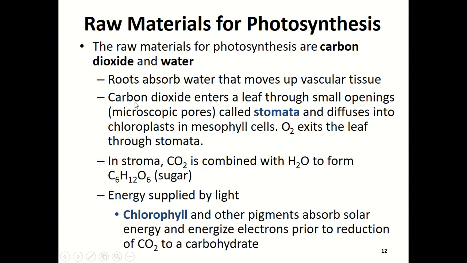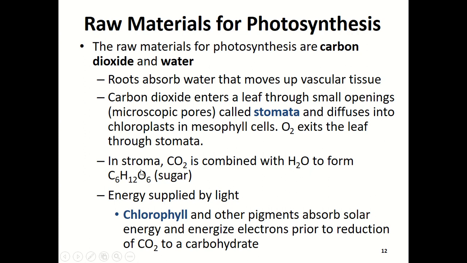Meanwhile, the carbon dioxide enters the leaf through small openings at the surface of the leaf known as the stomata, and then the gas diffuses into the chloroplasts in the mesophyll cells. The oxygen exits the leaf through the stomata.